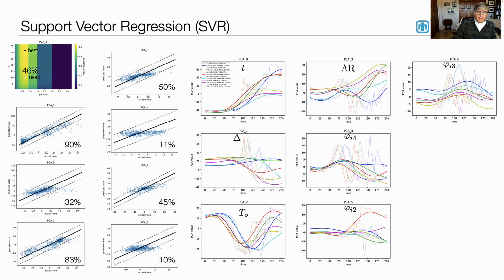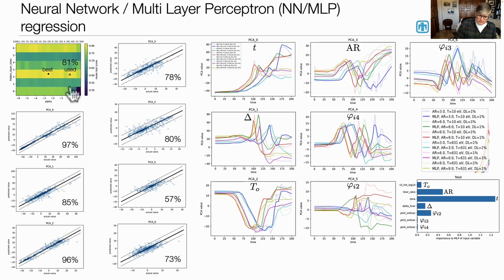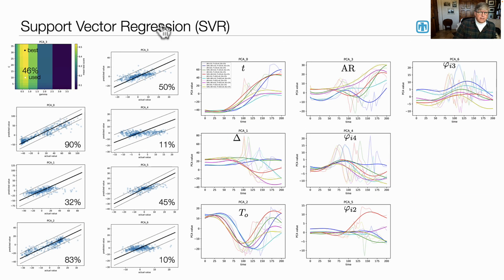First of all, shallow machine learning methods were tried. The best of these was a support vector regression using a radial basis.